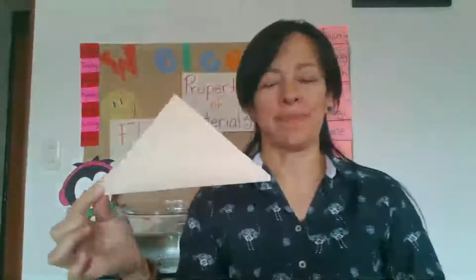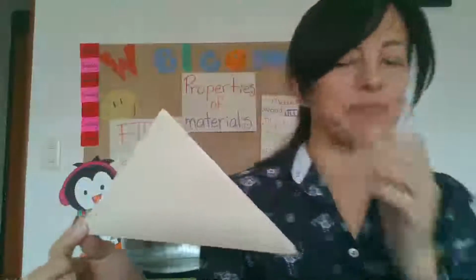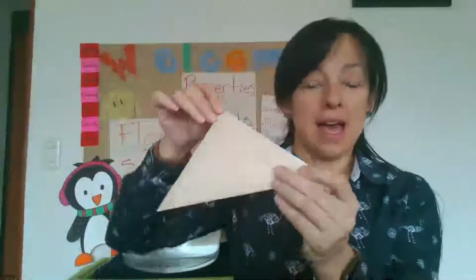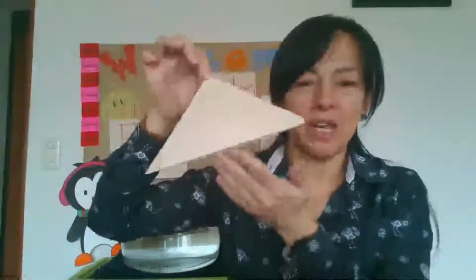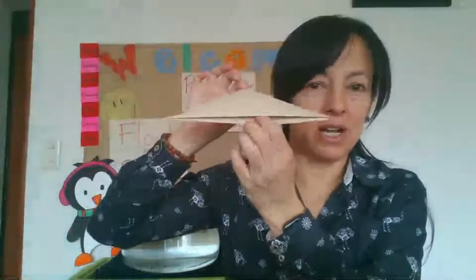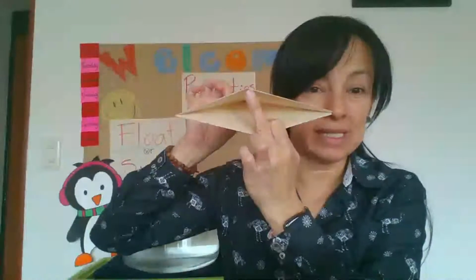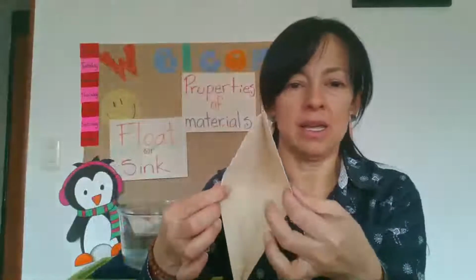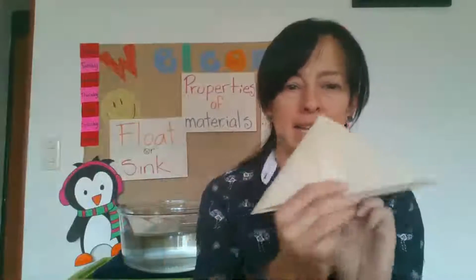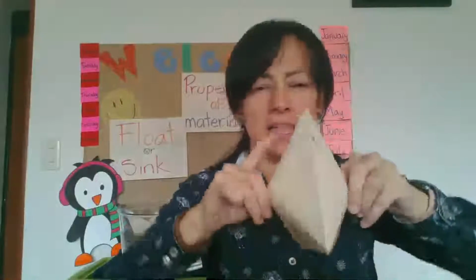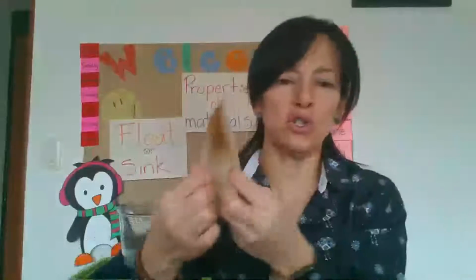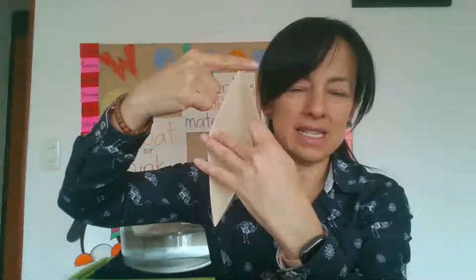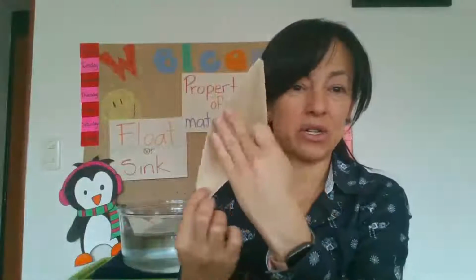Okay. Now let's continue. On the base of my triangle, at the bottom of my triangle, I can open it. So I'm going to open the rectangle like this, look. And I'm going to join this corner and this corner together.